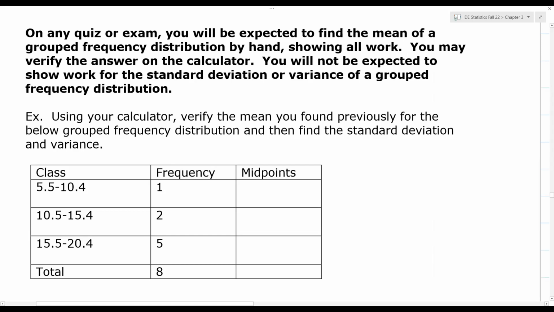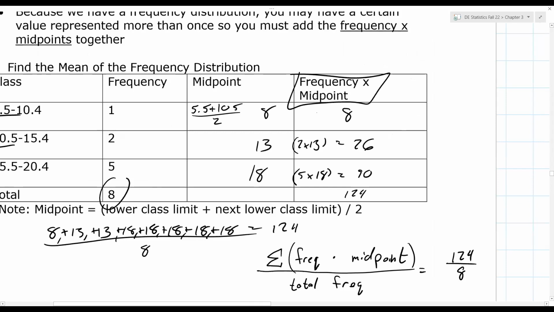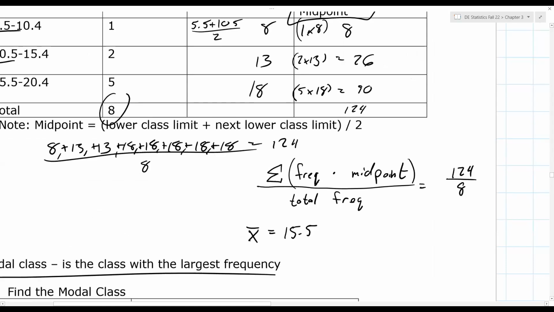Even if that's as simple as filling something out like this, where you're multiplying 1 times 8, and you're just showing me this much work here. But I need to see that work. I need to see what numbers you are adding together and what number you are dividing by. So make sure that on a test or a quiz, you show me that work when you're finding the mean or the average of a data set or of a frequency distribution.